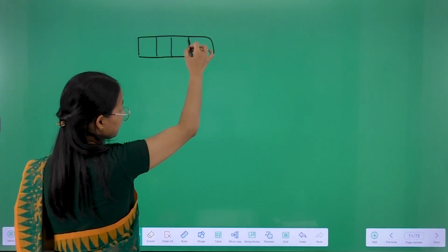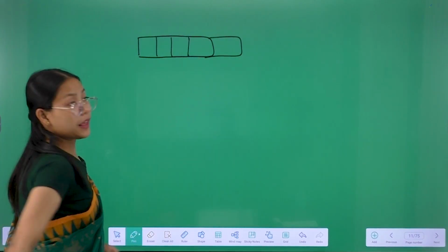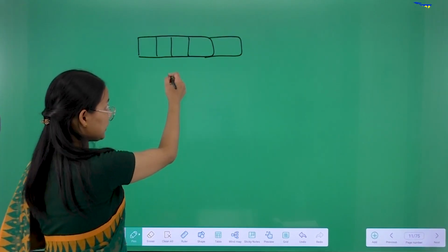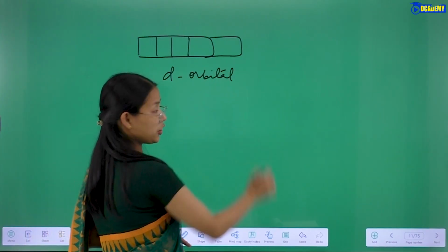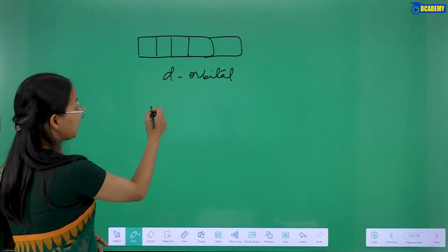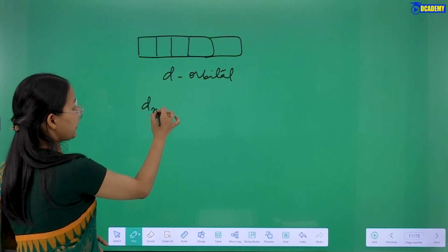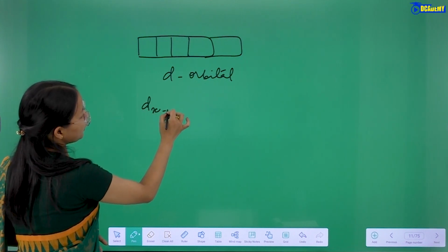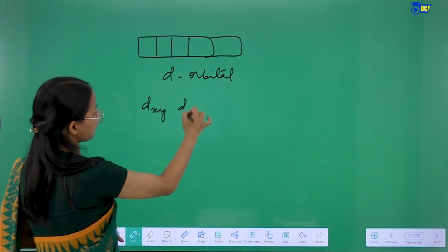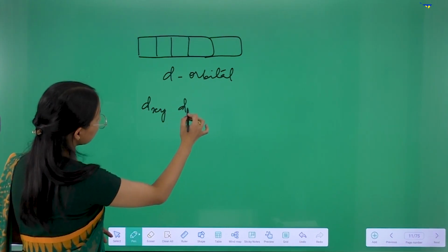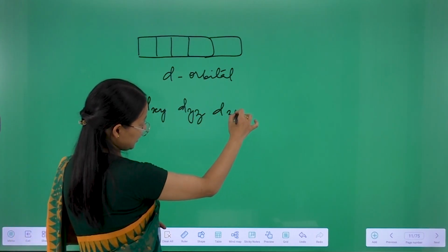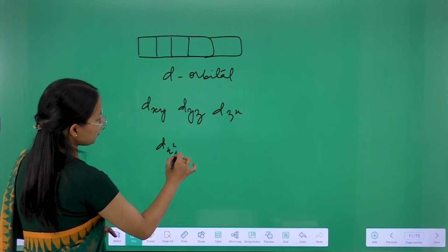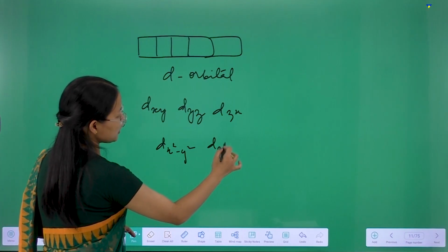1, 2, 3, 4, 5: the d orbitals are dxy, dyz, dzx, dx square minus y square, and dz square.